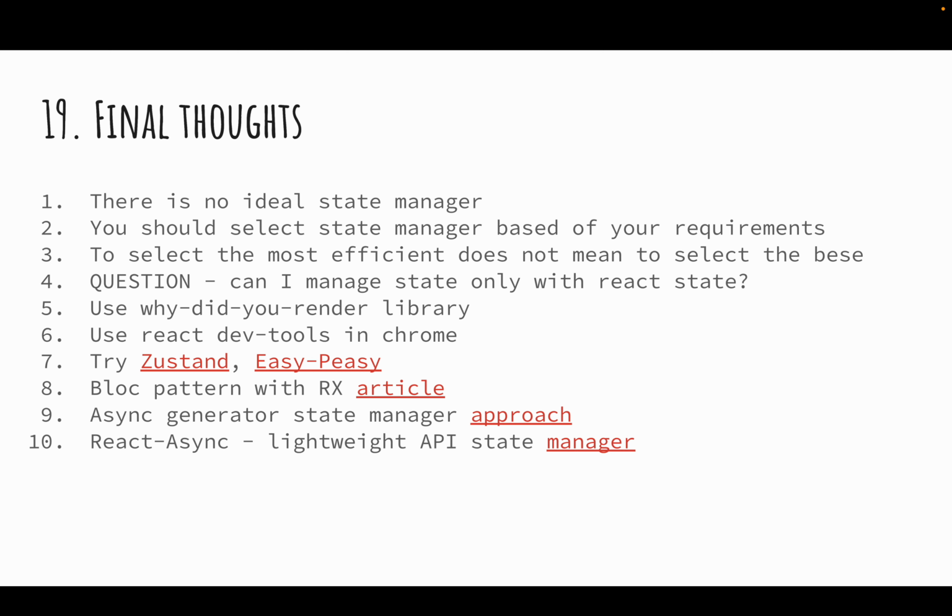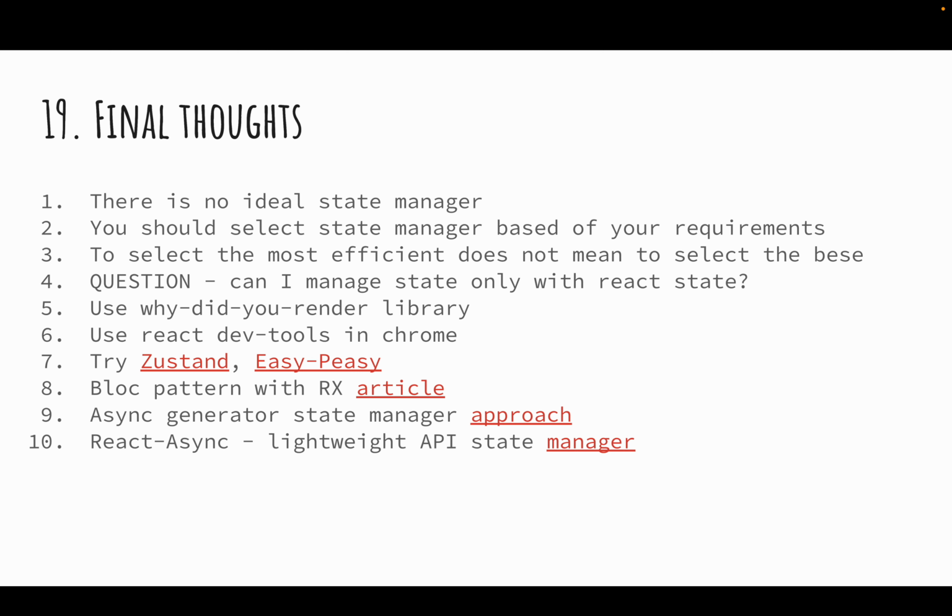So the question is, can I manage state only with React state? If you can, just use pure React state. And a tip: you can use the why-did-you-render library to understand whether you have unnecessary renders when your state updates, and you can use React DevTools in Chrome.